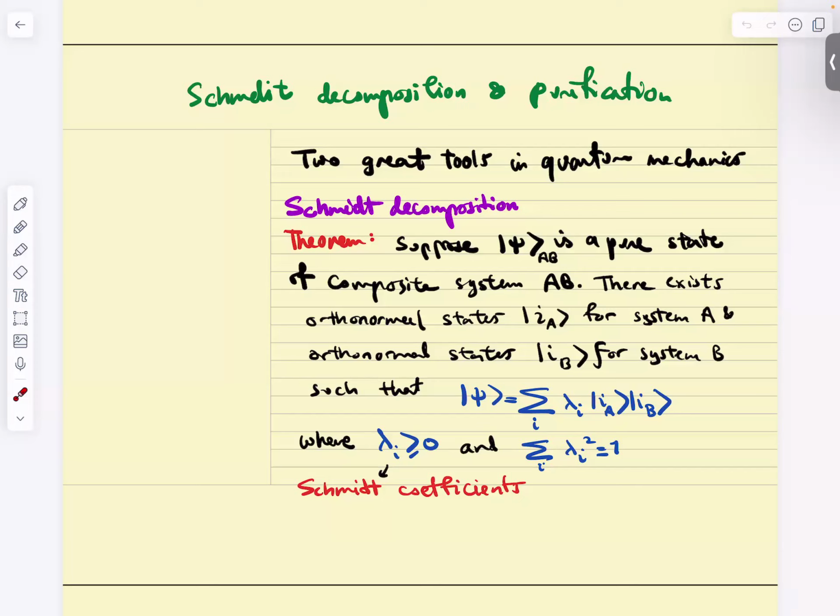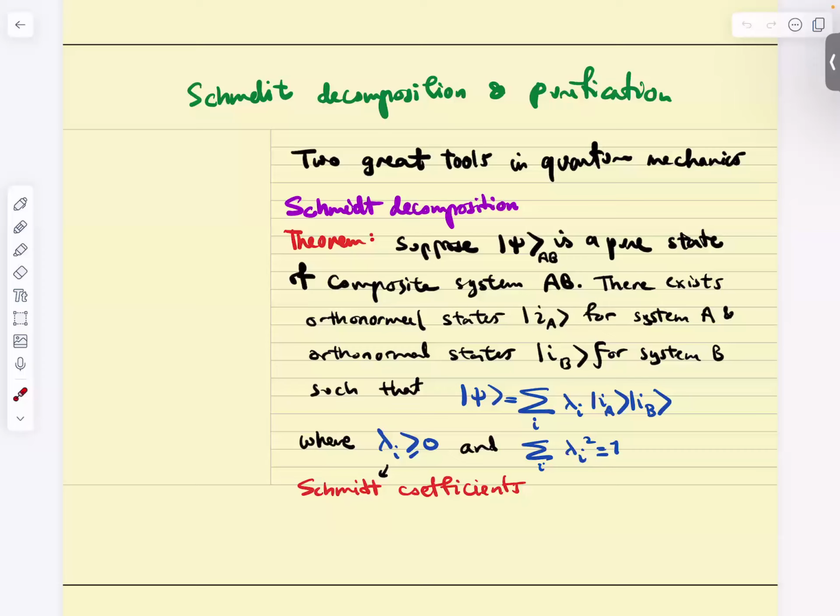So today, I don't think I'm going to get to quantum entropy. I'm going to talk about two fundamental operations in quantum mechanics. One of them is called Schmidt decomposition. What is the other one called? Oh, purification. Schmidt decomposition has a very mathy flavor.